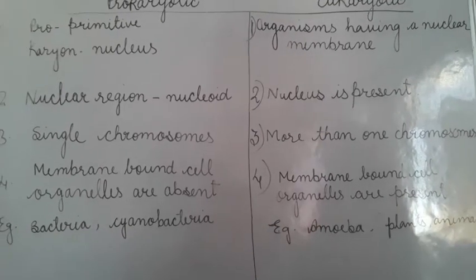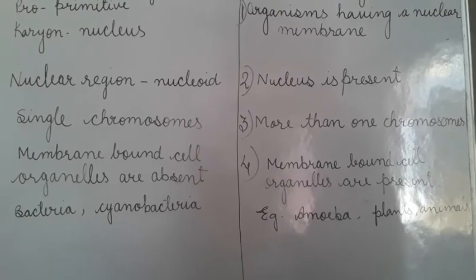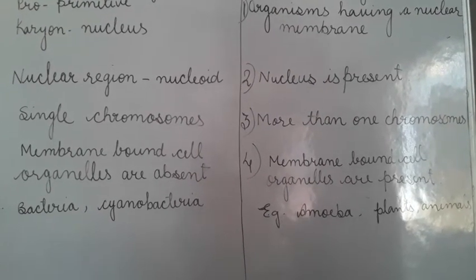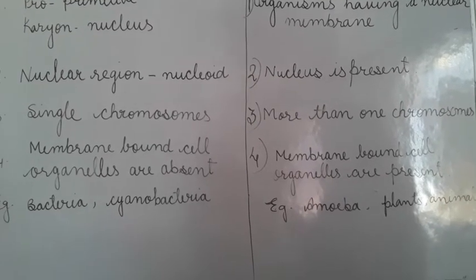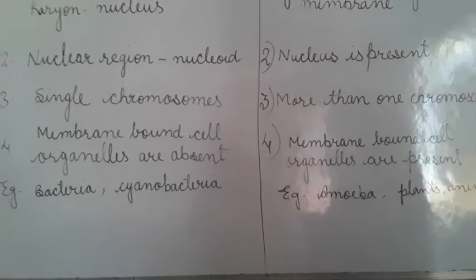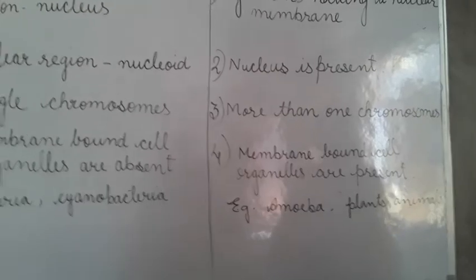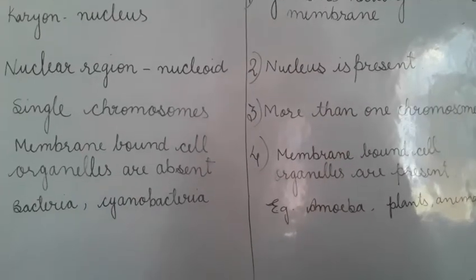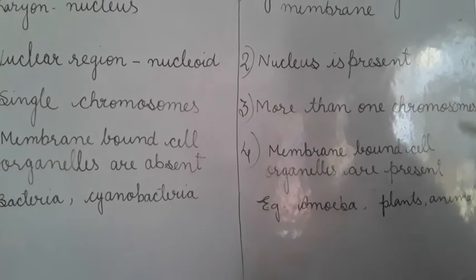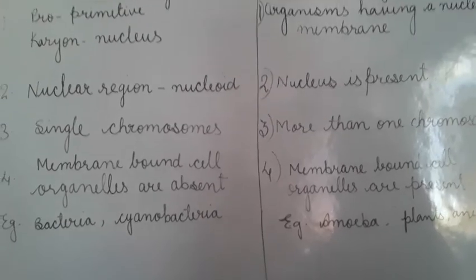And prokaryotic cells do not have membrane bound cell organelles. We will study cell organelles further in this chapter. Cell organelles are things like plastids, Golgi body, mitochondria and lysosomes. Eukaryotic cells have membrane bound cell organelles. What are examples of prokaryotic cells?